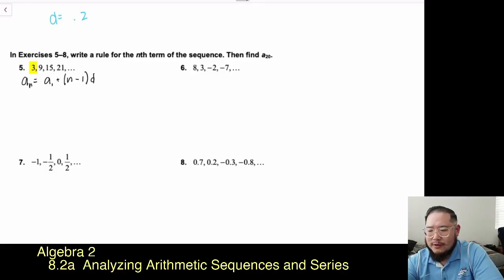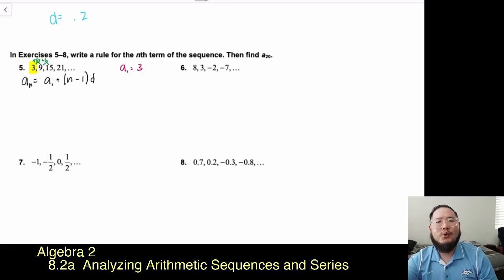Right, so for this first one, we got a sub 1 is 3. And then we have to figure out, well, is there a common difference? From 3 to 9, that's plus 6. From 9 to 15, that's plus 6. 15 to 21, that's another plus 6. So what it looks like right here, we have a common difference of positive 6.